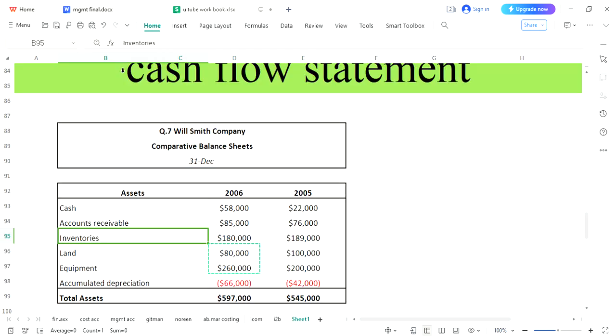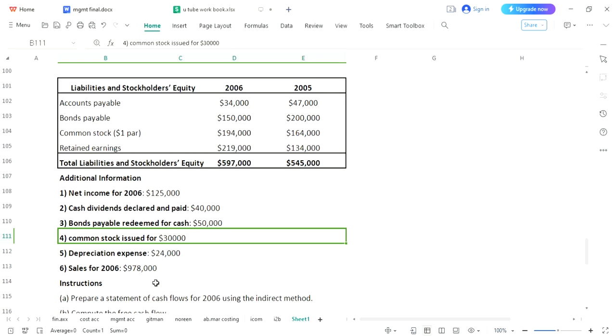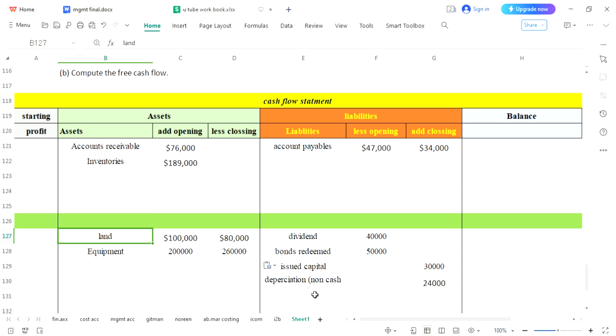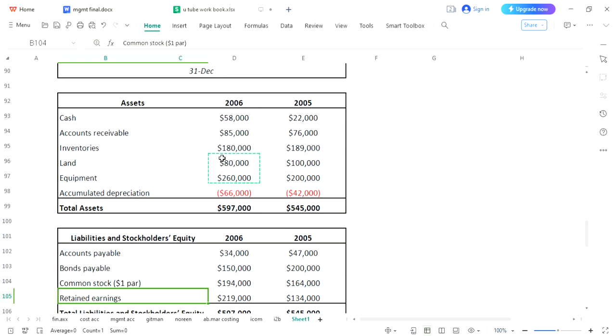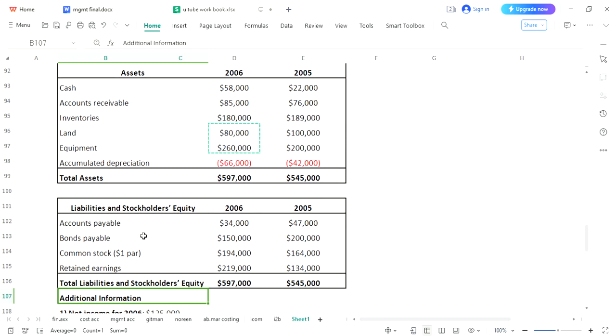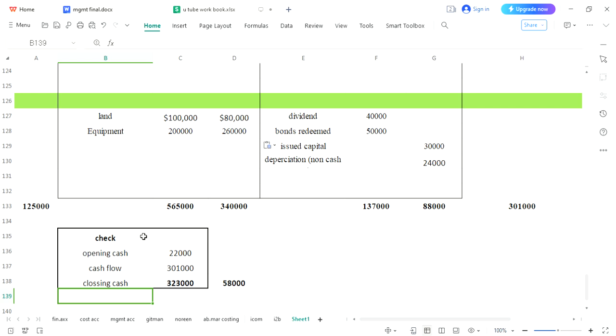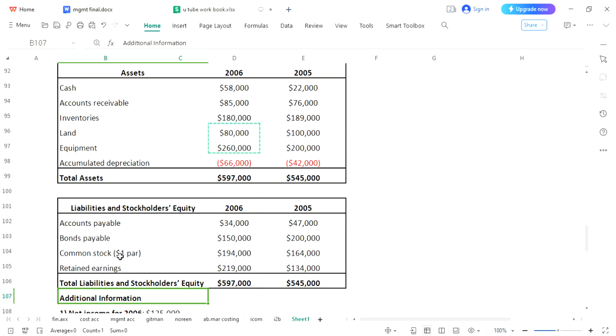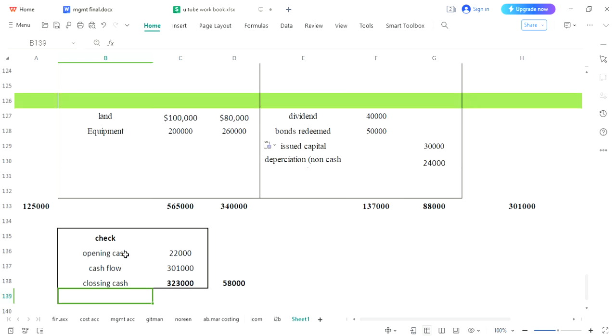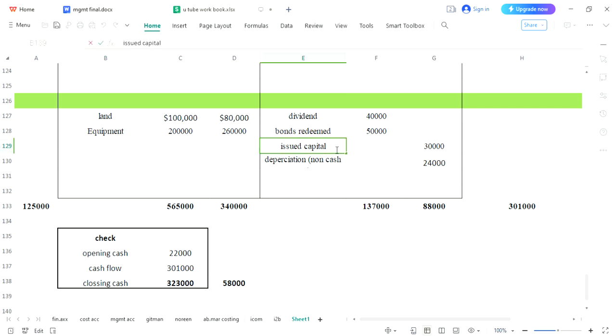So again, cash already mentioned, account receivable yes, inventories mentioned, land mentioned, equipment mentioned, and depreciation has already been mentioned over here. It means your complete asset side is completed. We'll go to the liability side now. Account payable adjusted, bonds payable, yes, adjusted. Look here, bonds already adjusted. After bonds we have common stock, that means capital, and look here, issued capital, or in the adjustment it is written as common stock.